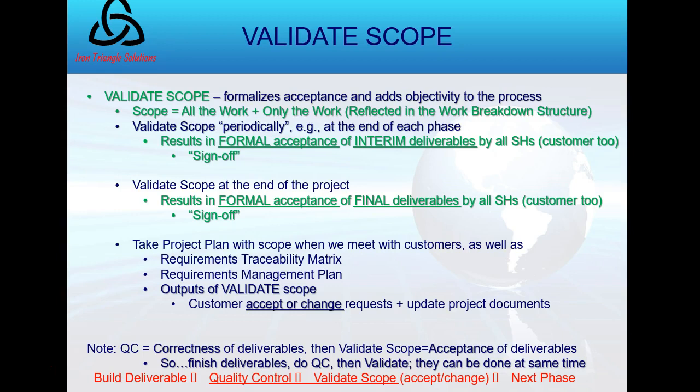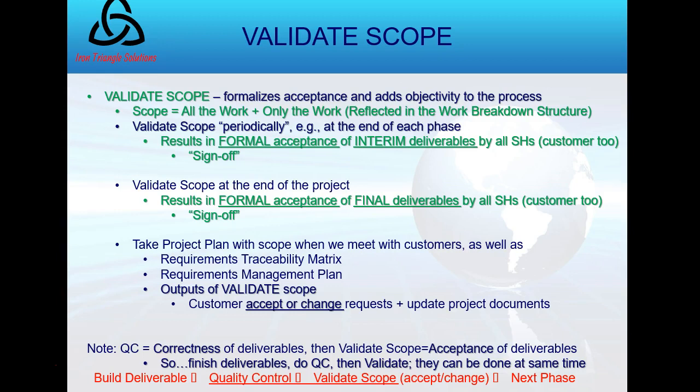You want it written too, formal acceptance. And if they don't completely accept it, it can lead to change requests. So in validate scope, we're looking at the work and all of the work and only the work. And all of that has been included in the scope statement and the work breakdown structure.